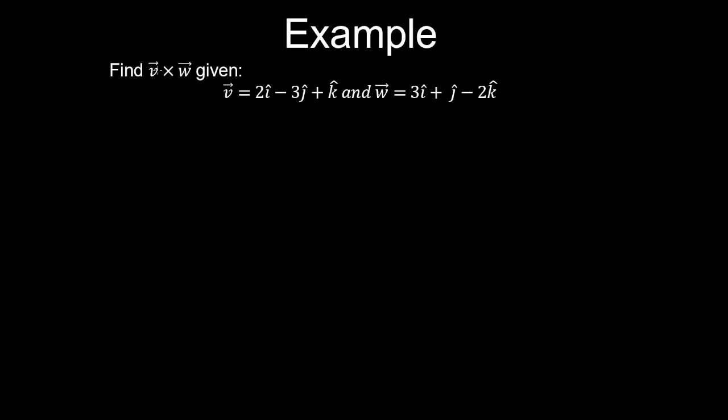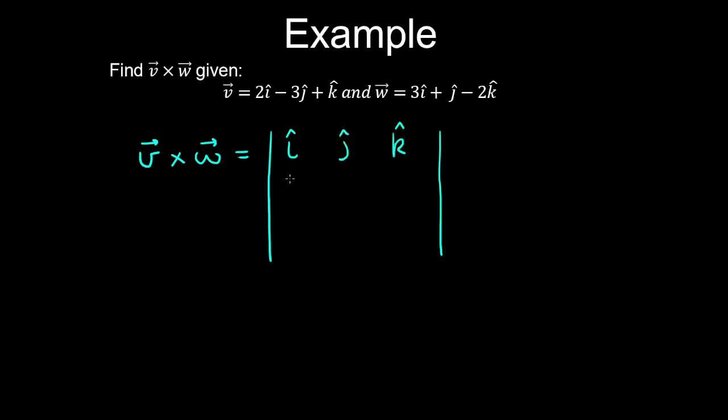Find the cross product of the given vectors v and w. So we can evaluate the cross product using the determinant of a matrix, with the first row having the standard unit vectors, and the second row has the components of the first vector, being 2, minus 3 and 1, and the third row has the components of the second vector involved in the cross product.